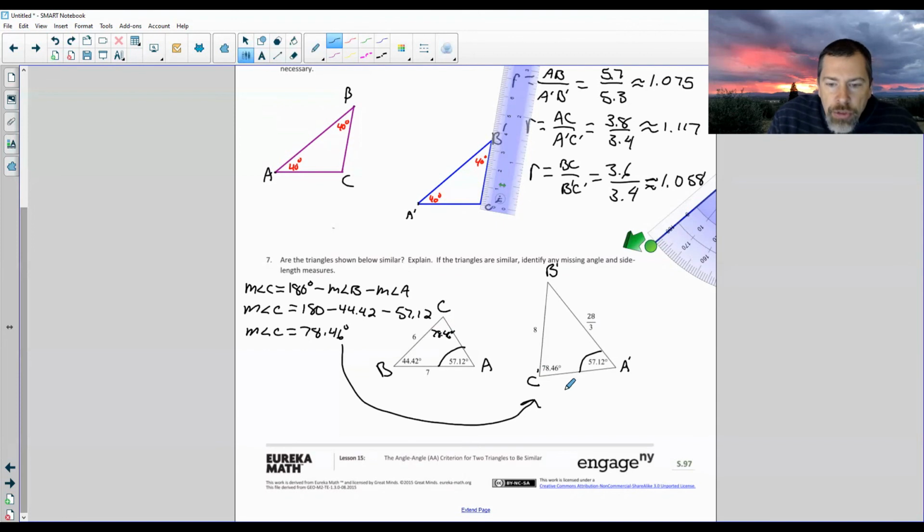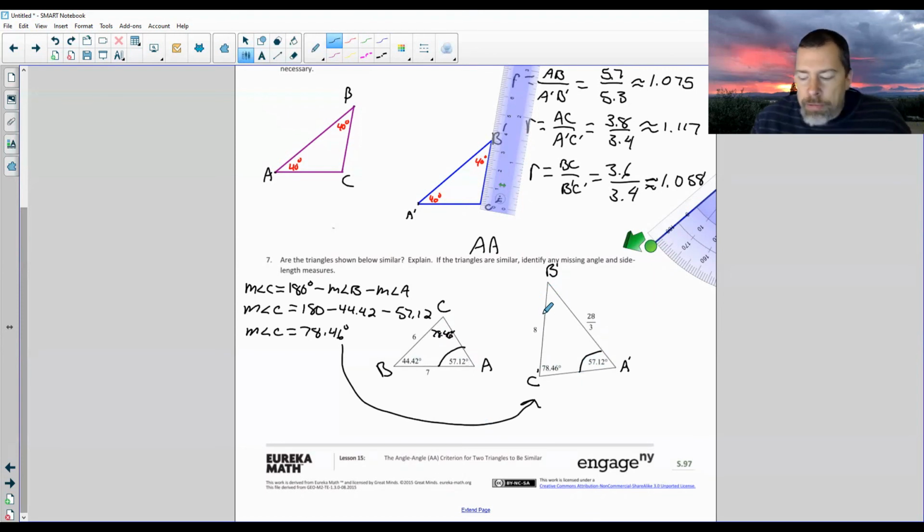So the first thing I had to determine is, did we have two angles congruent? 57.12, 57.12, 78.46, 78.46. We have an angle-angle similarity. I do not need to do my calculation for B prime. With these two measurements, I know it's 44.42.